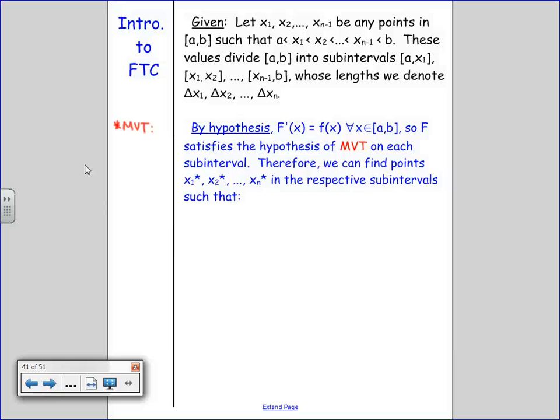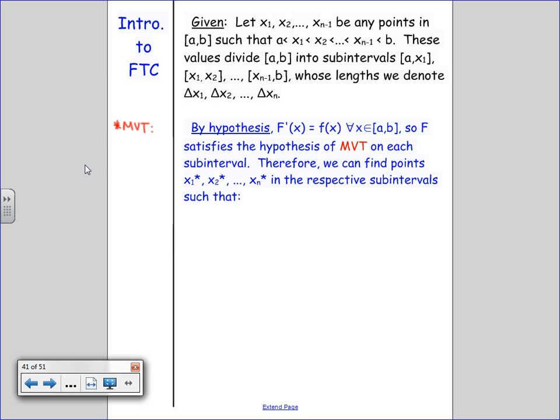Sadly, I don't think we'll get to prove it today, but you will hopefully have it all written down so that we can come in tomorrow. You'll have the hard part done, and then you'll get to see the amazingness of the fundamental theorem of calculus, that allows us to take the idea of area between two bounds and the idea of an antiderivative being the function that you solve.